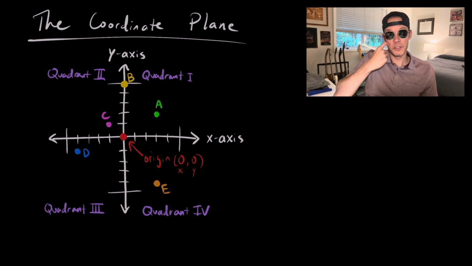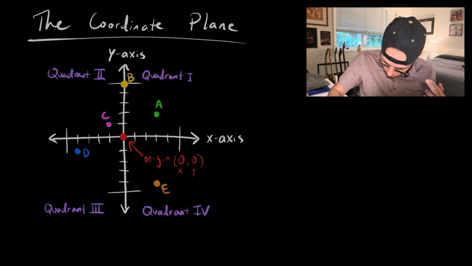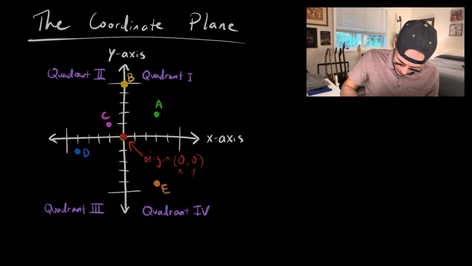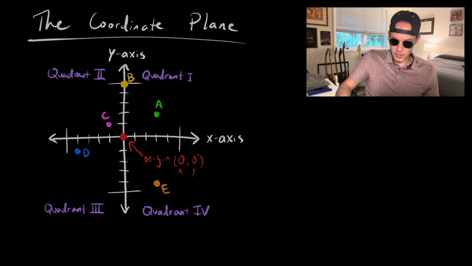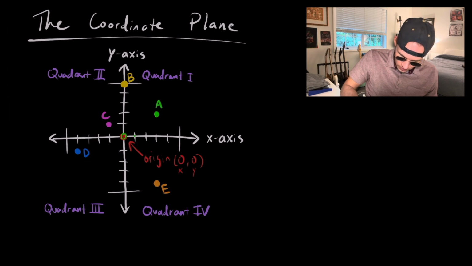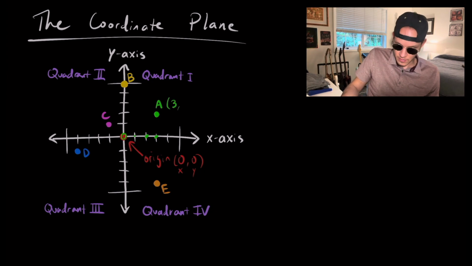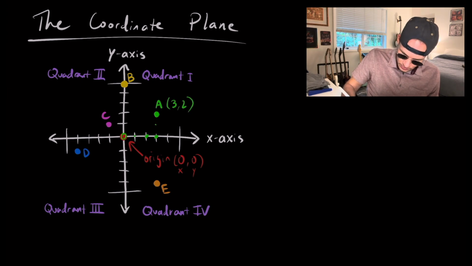The second coordinate is your y coordinate. So we're going to start at the origin, and let's figure out what the x coordinate of point A is. Well, here, this is 0 on x, and then we got 1, 2, and then 3. So we know that A has an x coordinate of 3. And what's its y coordinate? Well, we just figure out where it is vertically. If we go up 1 and then 2, we know that it's at 2.